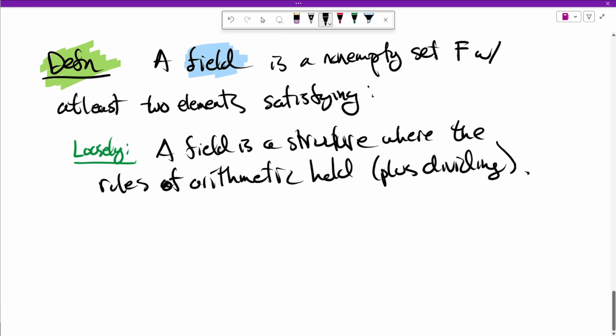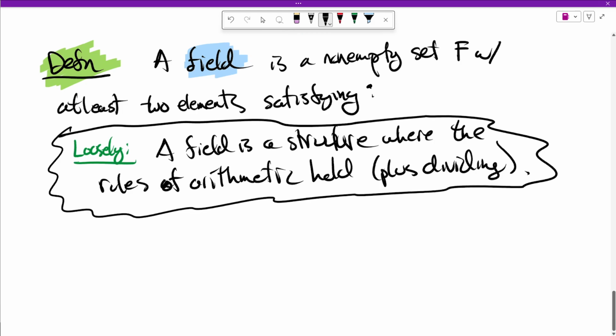So basically, a field is somewhere where you can do arithmetic, including dividing. Later on, in the next section when we introduce rings, I'm going to say a ring is a structure where you can do arithmetic, not necessarily dividing. Dividing is kind of special. But a field for right now is an algebraic structure where we can do arithmetic. That's what it is.